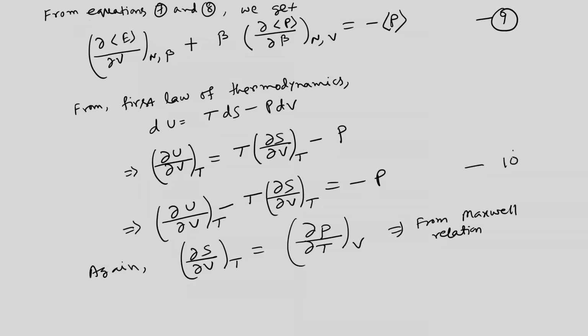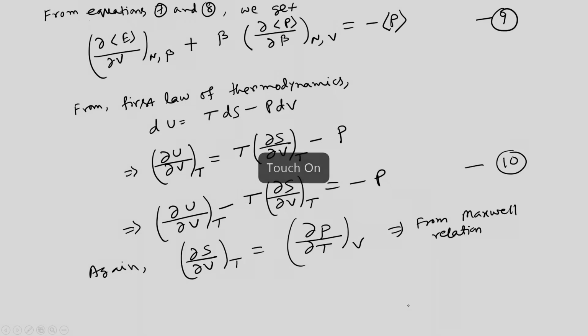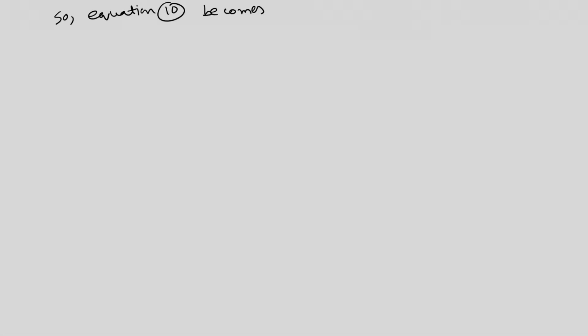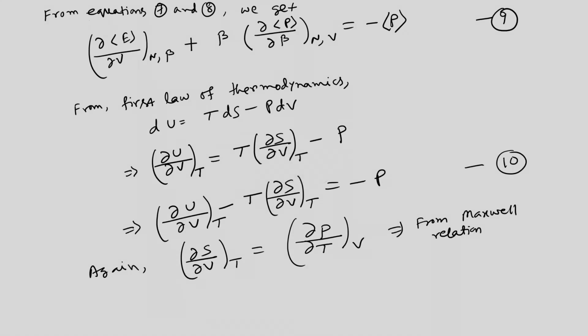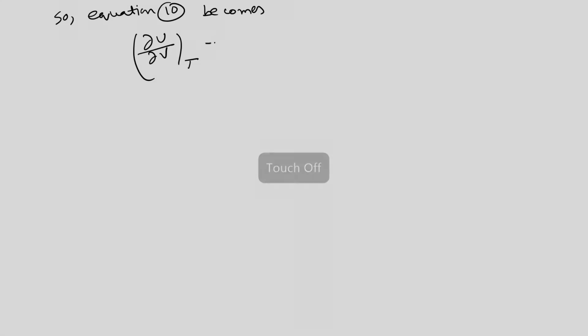So, our equation 10 now becomes del U by del V at constant temperature minus T del P by del T at constant volume is minus of pressure. So, this is our equation 11.